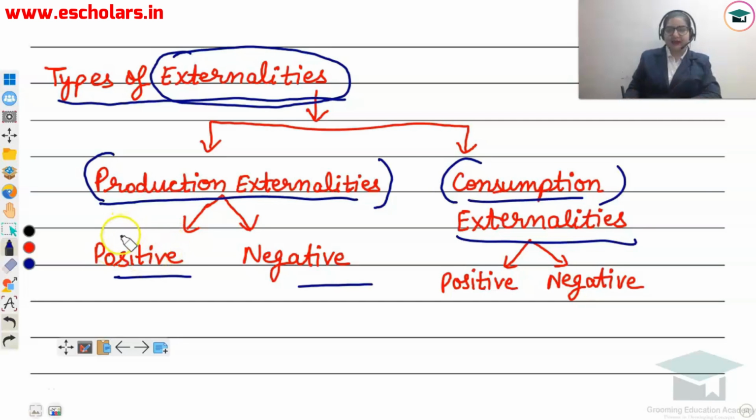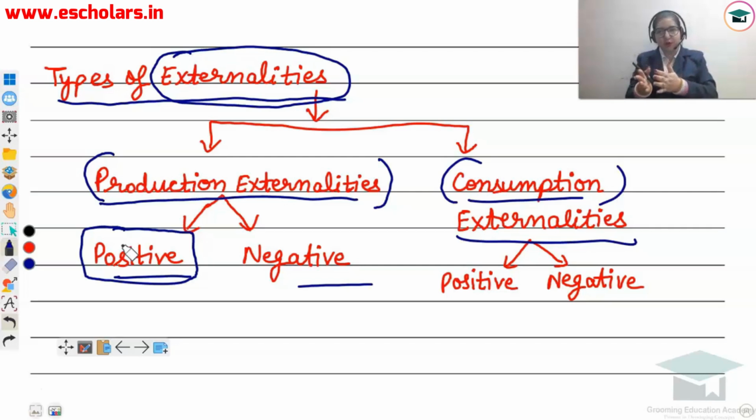Okay. Let's talk about the examples of positive production externalities. See students, the firms which provide a benefit to their employees by providing training to them, and when these employees switch their jobs, the firms who hire such employees at the time when they switch their jobs get a benefit for their training which was provided to them by their previous organizations, right?